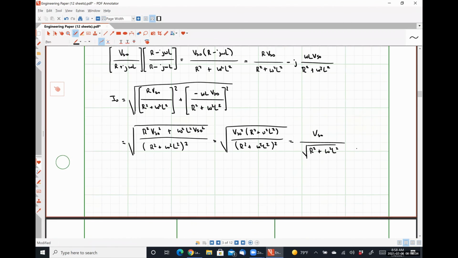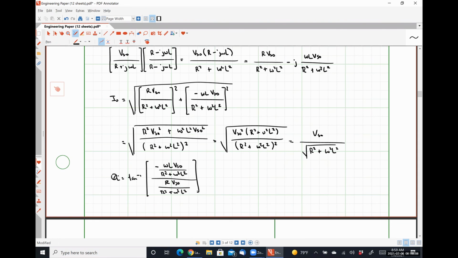Our phase angle will be the inverse tangent of negative omega L Vs naught divided by R squared plus omega squared L squared, divided by the real part, R Vs naught over R squared plus omega squared L squared.